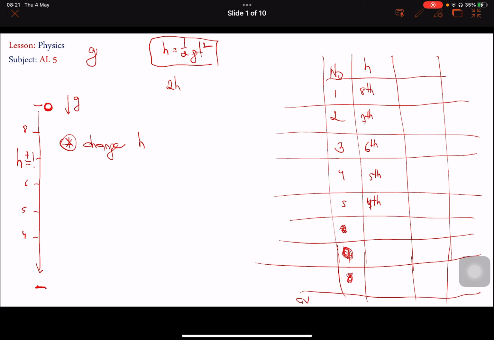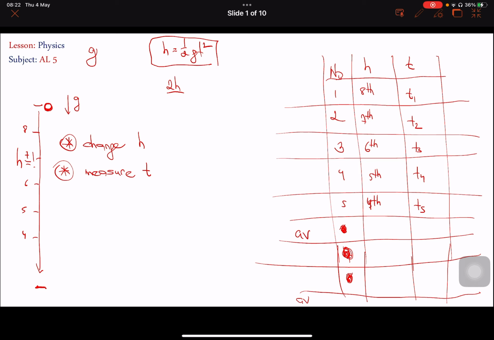You measure the time, of course, with a stopwatch. You have different times, T1, T2, T3, T4, and T5. And you write here the average, so there can be 5 measurements also.